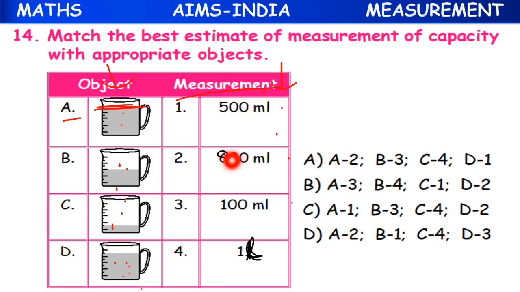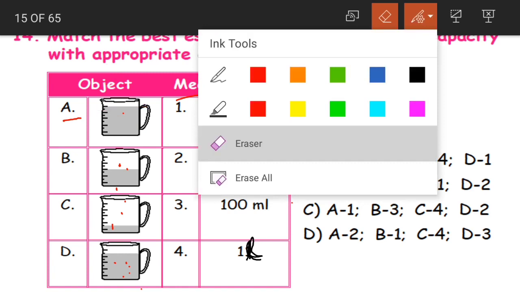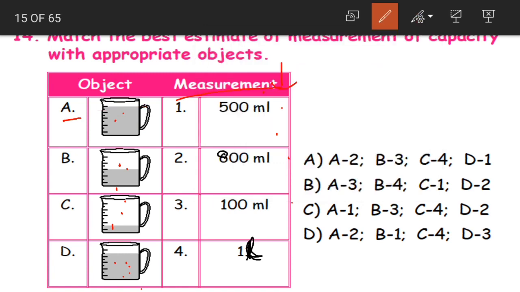So that means how much quantity of liquid is there in object A? In object A we are having the liquid with the volume of 1 liter. It is full, children, so it is 1 liter.